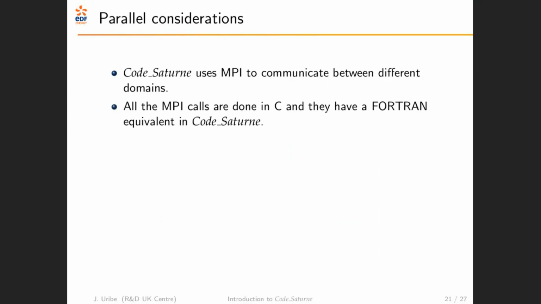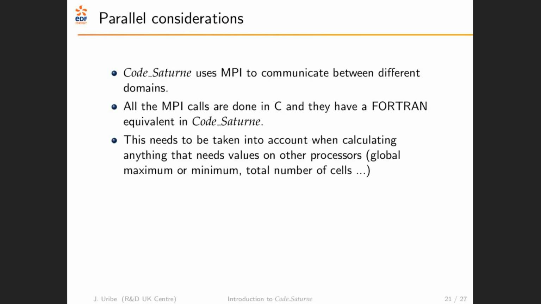Code_Saturne uses mostly MPI to communicate between different domains. We also have OpenMP, but what you've been doing so far is all using MPI. So all of the normal calls for MPI that you will have in any MPI implementation are wrapped.